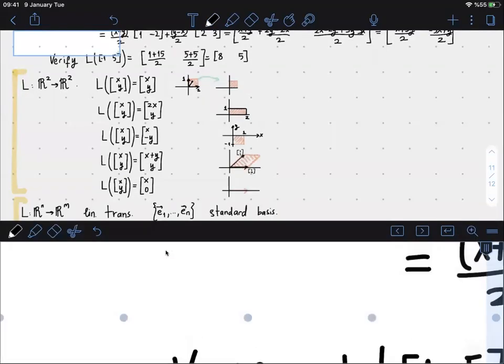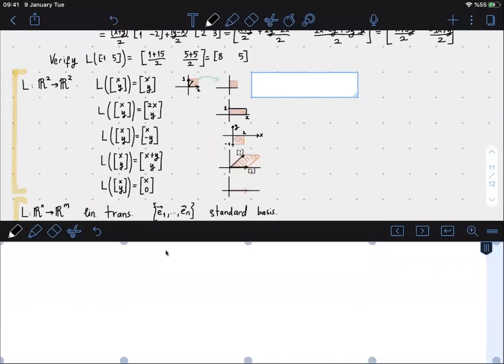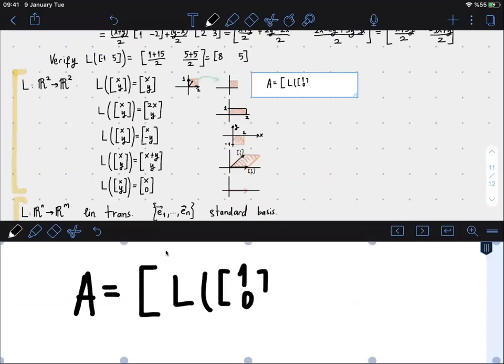What is the matrix representation of this first one? A is basically the matrix whose first column is L(1, 0) and the second column is L(0, 1).